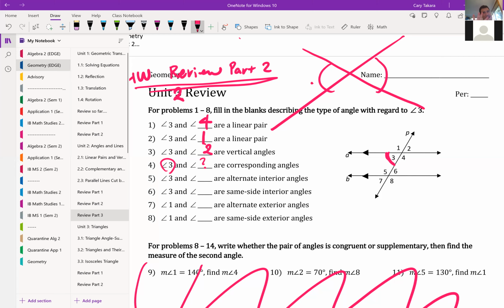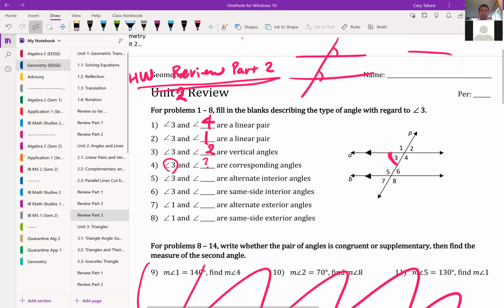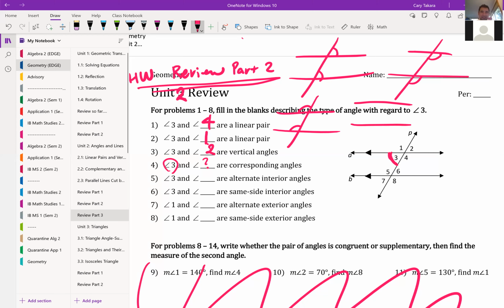Corresponding angles. There are 4 different cases where it could be a corresponding angles. That's corresponding angles. That's corresponding angles. That's corresponding angles. And then the last one, that's corresponding angles. So if you have a 3 already picked, that means 7 has to be the corresponding angle with 3.